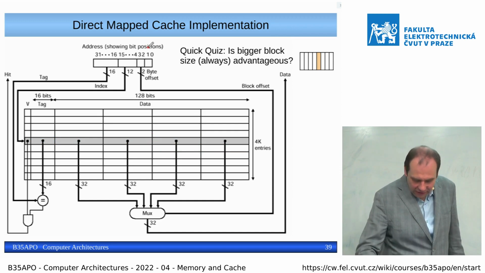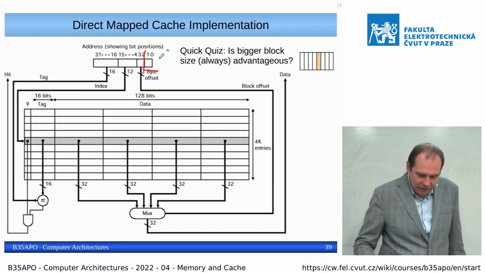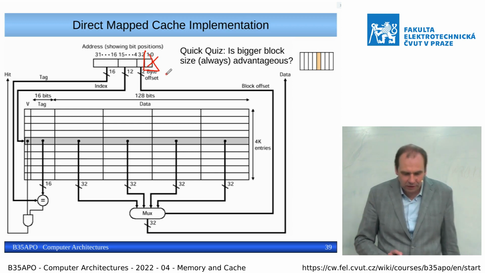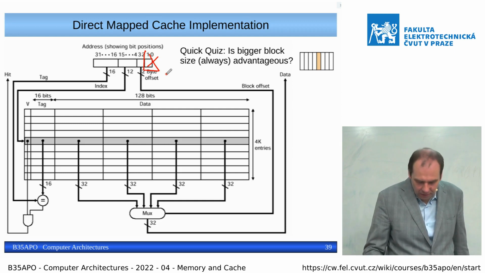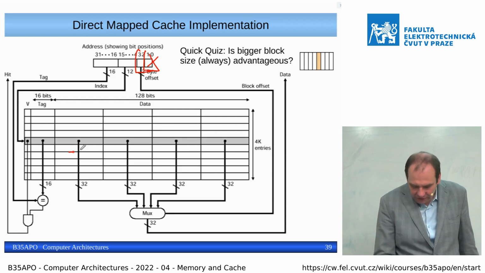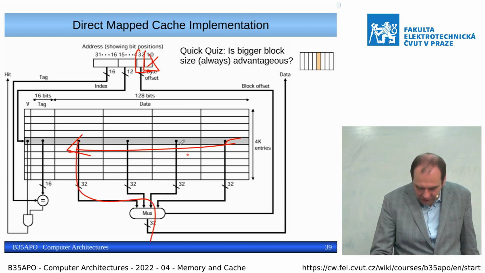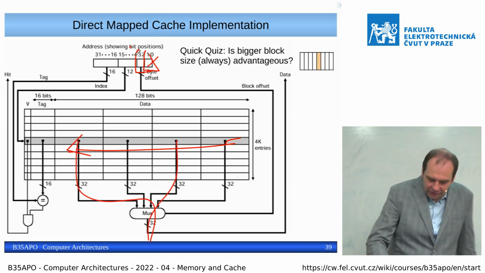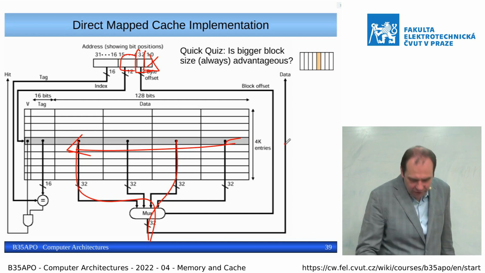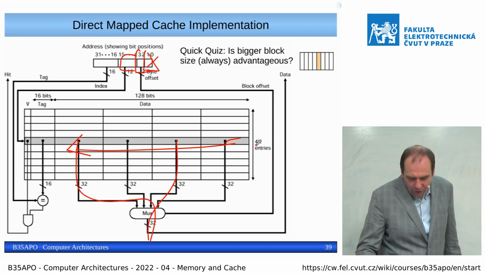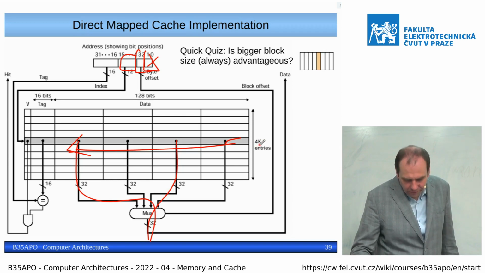And we can say, if you look at the address, in a 32-bit processor, we do not care about the two least significant bits. It is byte in word. Then we have some set of bits which select which word from the block we want to use at the time of the hit. Then we have a set, in this case 12 bits, which select one of 4,096 rows.